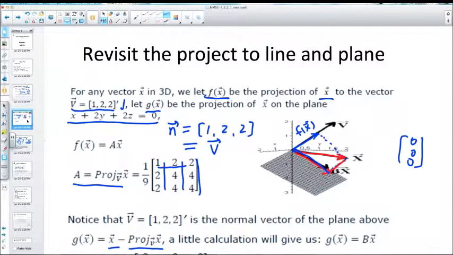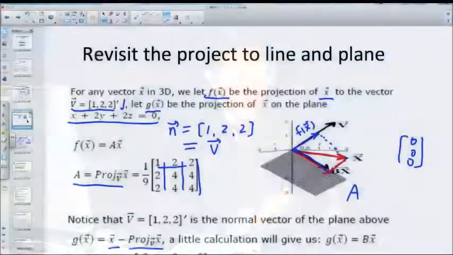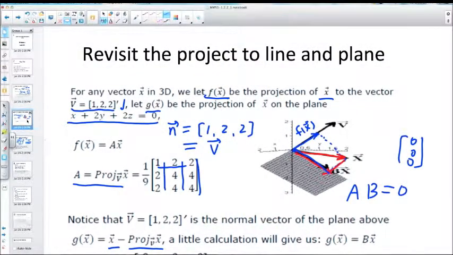So from this example, we found that in matrix algebra, A times B equals 0 does not mean A must be 0 or B must be 0. So what does that mean then? We're going to look at more examples.